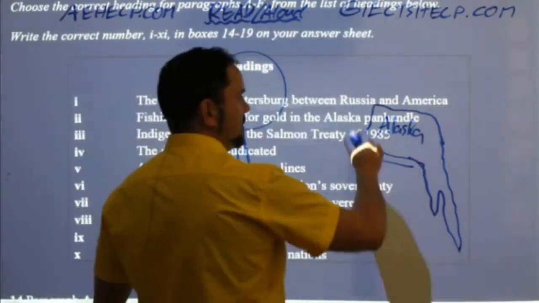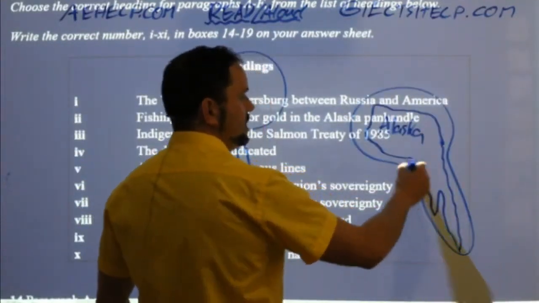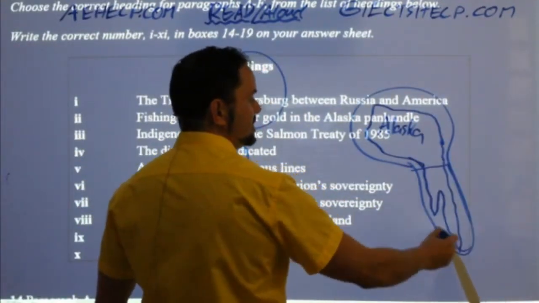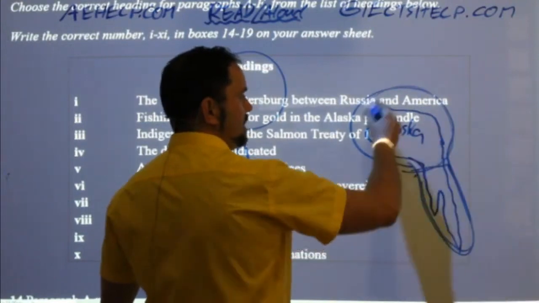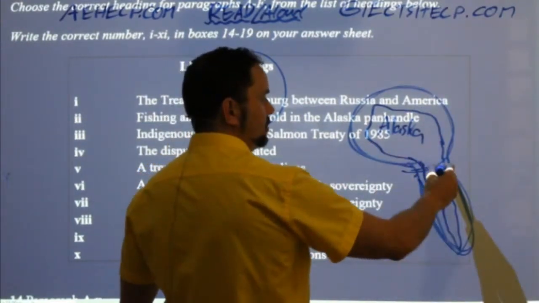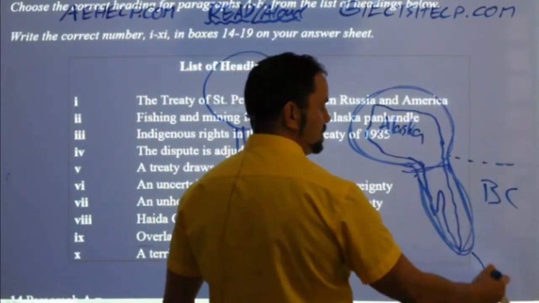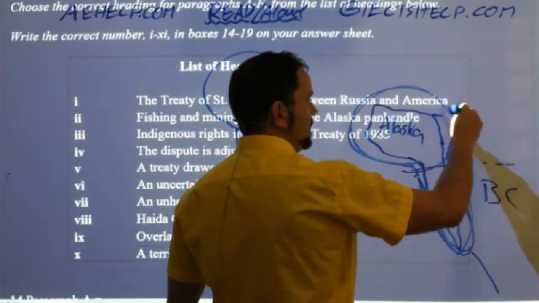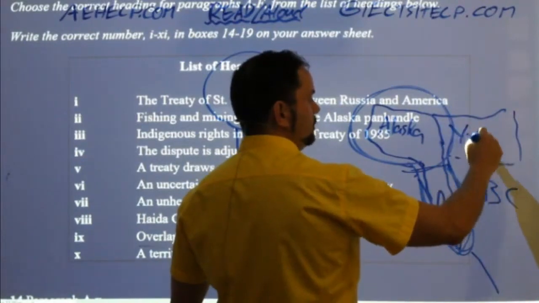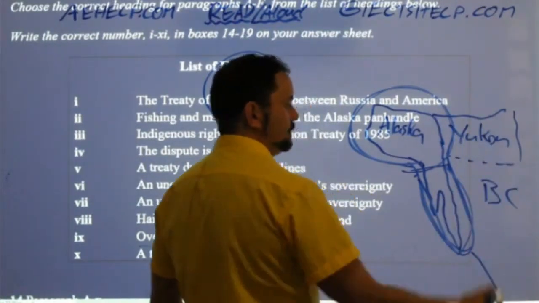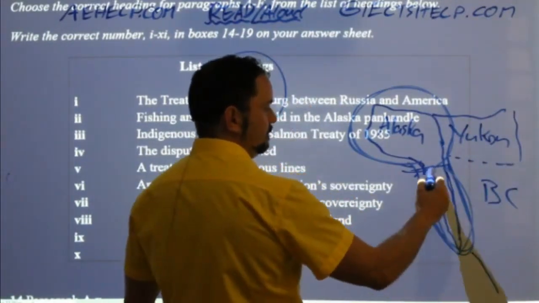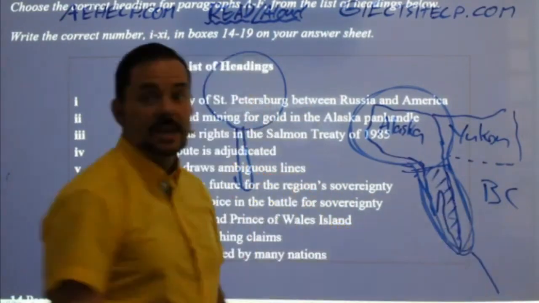So Alaska kind of looks like that frying pan, and this is considered the Alaska Panhandle. So this is the pan, and this is the handle. And here you have British Columbia, which extends further down, and then here you have Yukon. Okay, so this part here is considered the Panhandle.